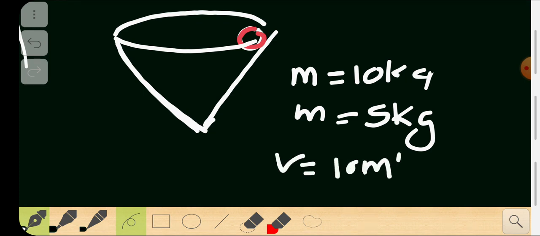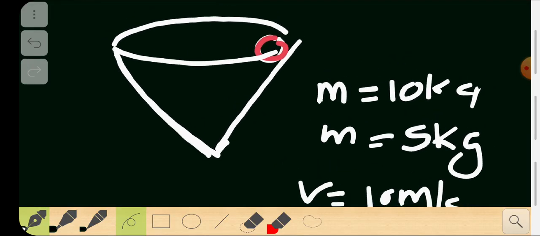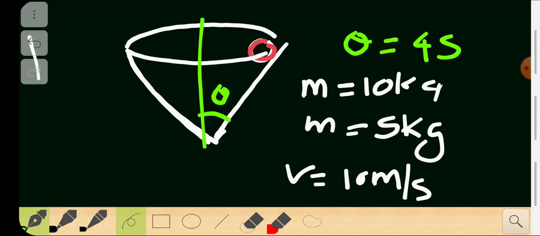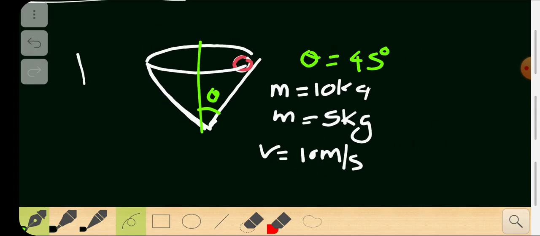And the slant angle of this cone is some theta degrees, and theta is equal to 45 degrees. These are the things here.